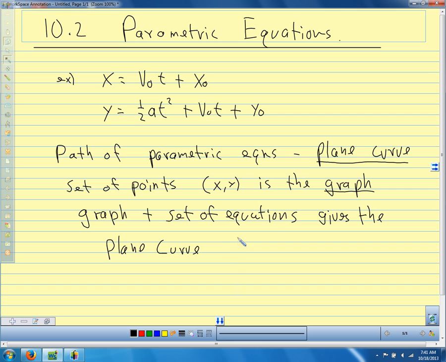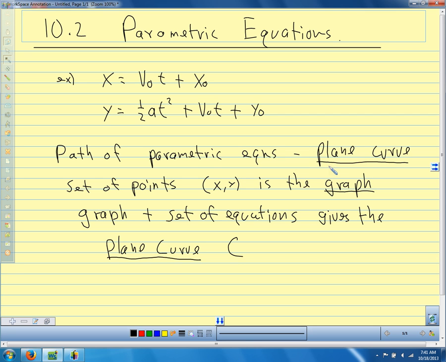And we call the plane curve C. So if we take our equation and put it together with the set of points that it describes, we get what we call a plane curve. Usually we just talk about the graph, or the curve, or the graph of the parametric equations. I just want you to have seen this terminology so that when it comes up in a problem, you have some idea of what they're talking about. We're not going to make a big distinction over these things, but I just want you to have seen the terms.